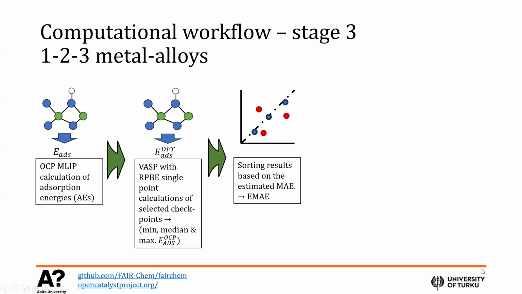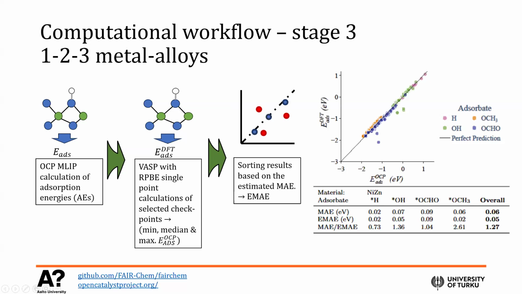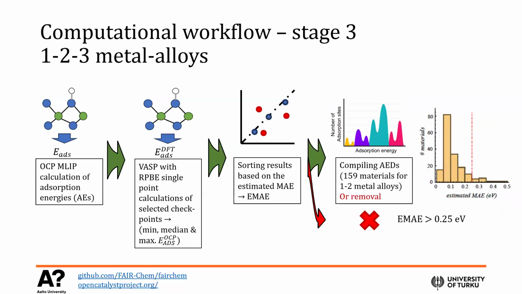And then here you can see that the estimation is not 1-to-1, but it's pretty close, and it's still much better than what was done before. So we said, okay, let's take this estimation and look at the data we have. If the estimated mean absolute error is higher than 0.25 eV, which we set as a cut line, then we removed the material from the high-throughput workflow.